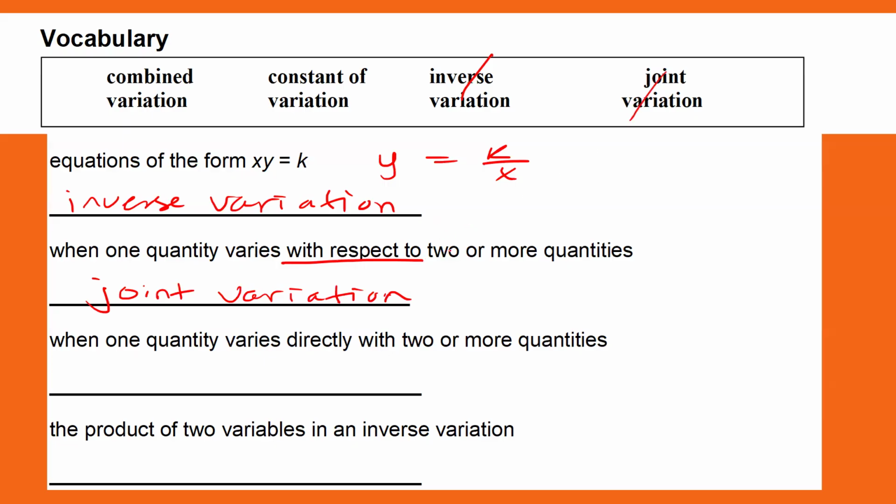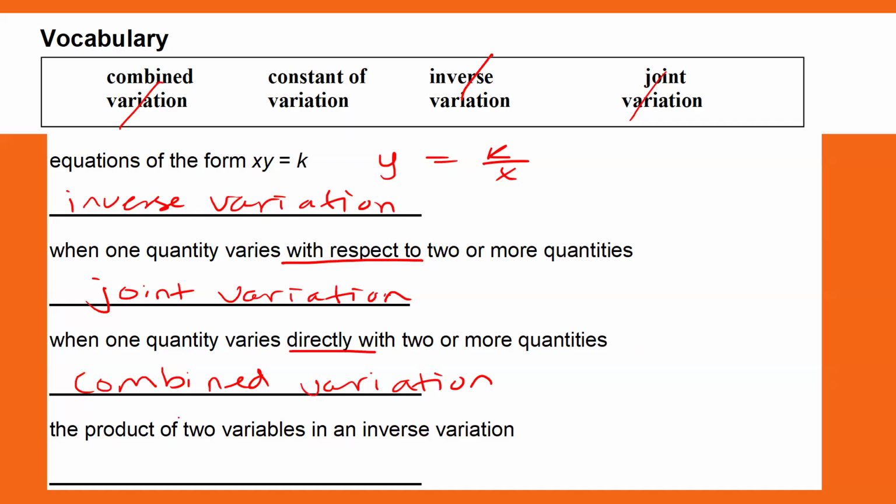And then when it says one quantity varies directly with two or more quantities, so keyword is directly, this is called a combined variation. Essentially, what these two things are meaning is that there's multiple factors at play on how the function is changing over time.